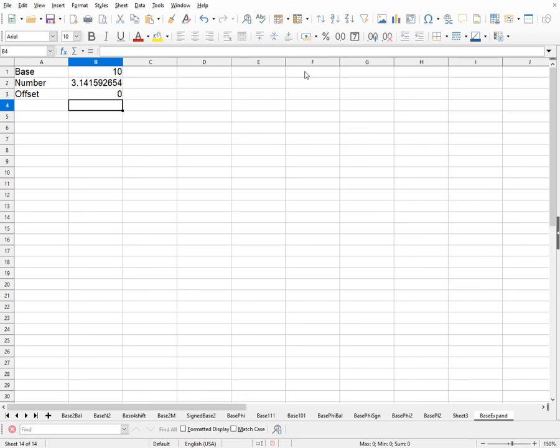And I'm going to do my calculations over here. So the first part is I'm going to take my number and then divide by the base the number of times shown there. So that's going to be divided by the base to the power of this number there.